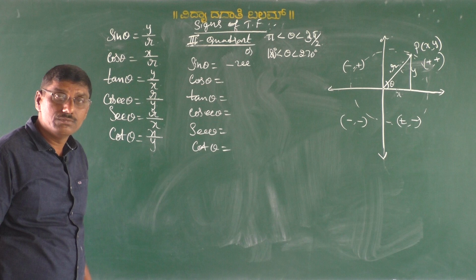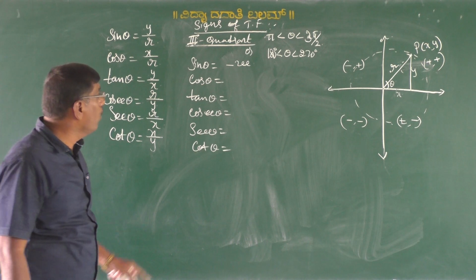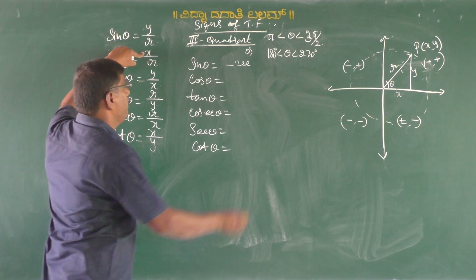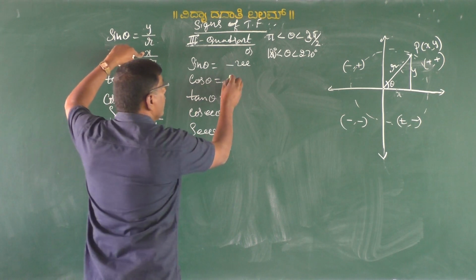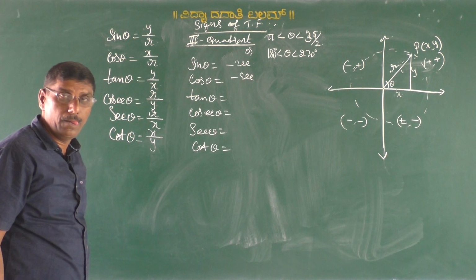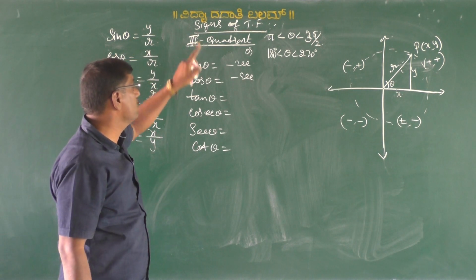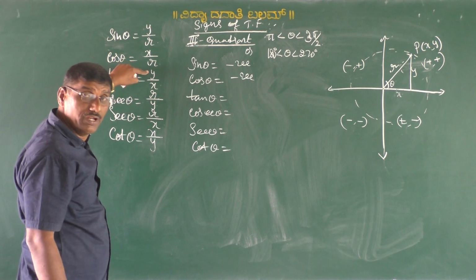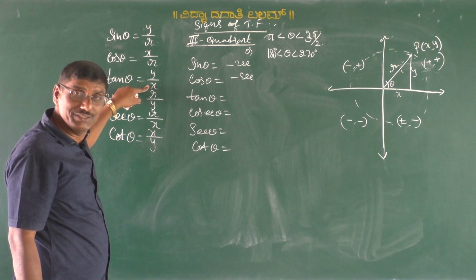Yes. Now, how, sir? Next, cos theta: x is negative, r is positive, we get negative. Cos is also negative in the third quadrant. What about tan? y is negative, x is negative.